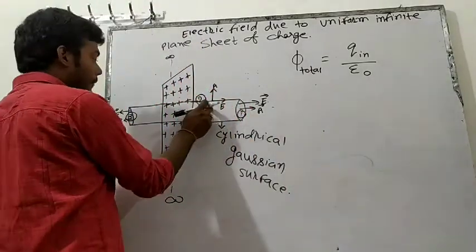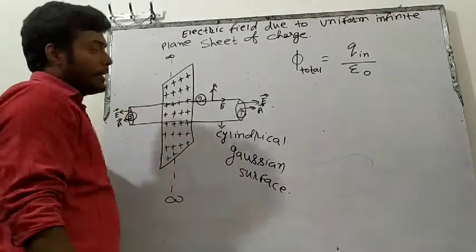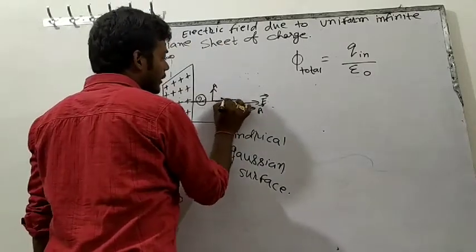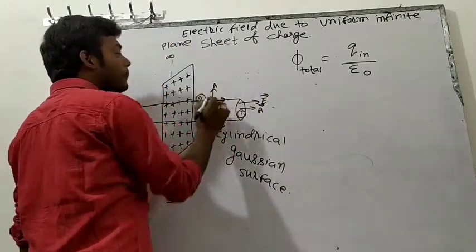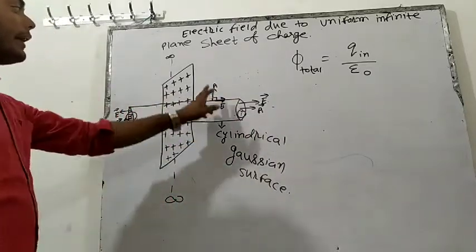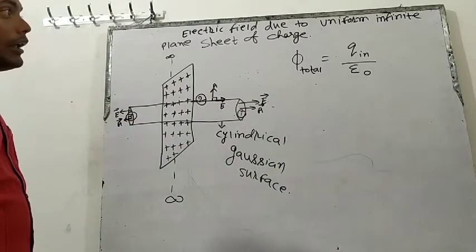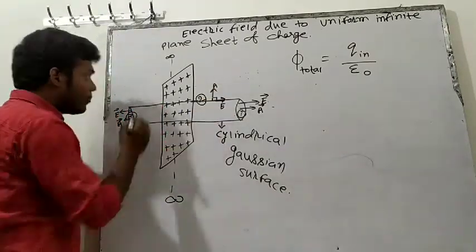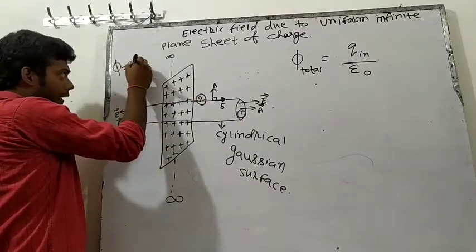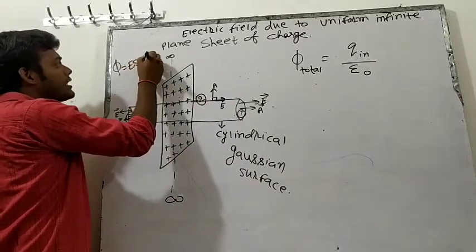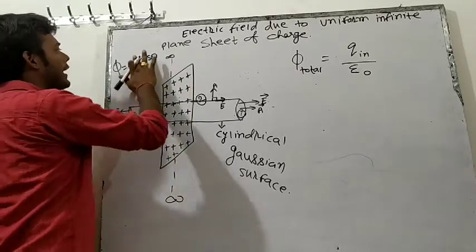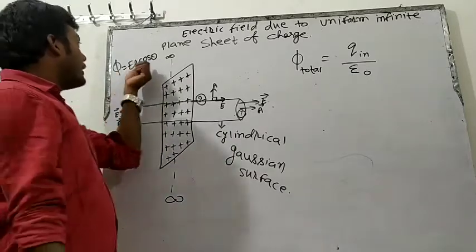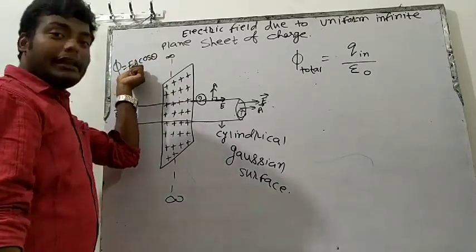Now come to the curved surface. The area vector is normally outward, and the electric field is away from the positive charge. What is the angle between E and A? 90 degrees. So who will make flux? The flux formula is ES cos theta, or EA cos theta, where theta is the angle between the electric field vector and the area vector.